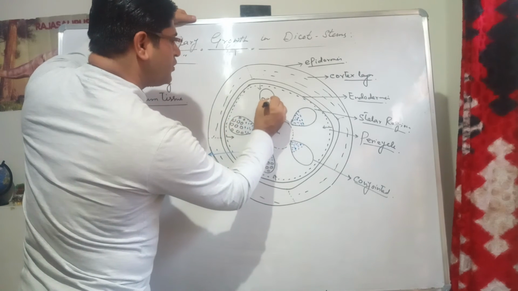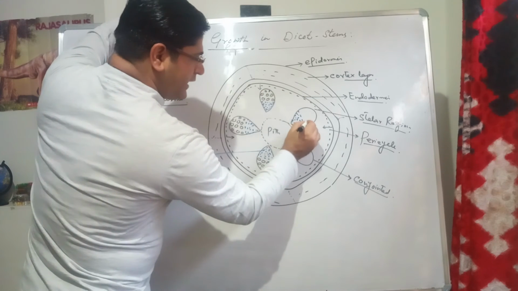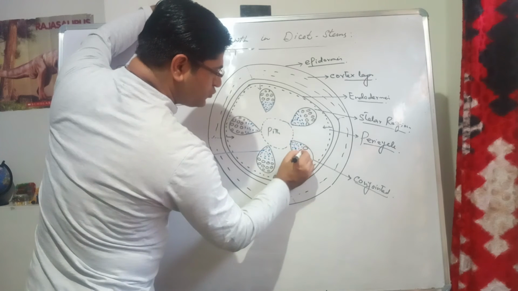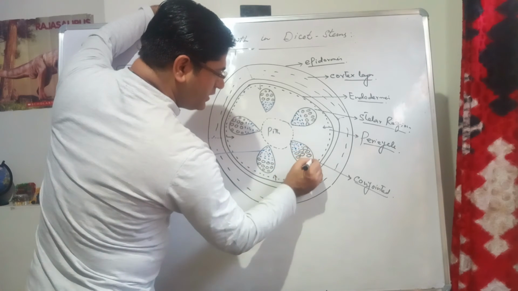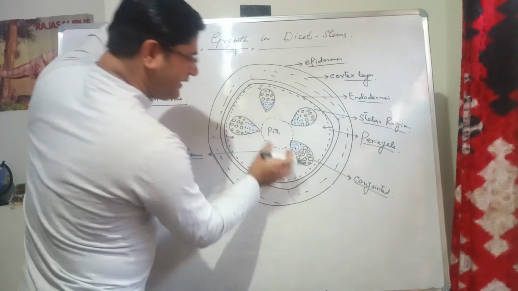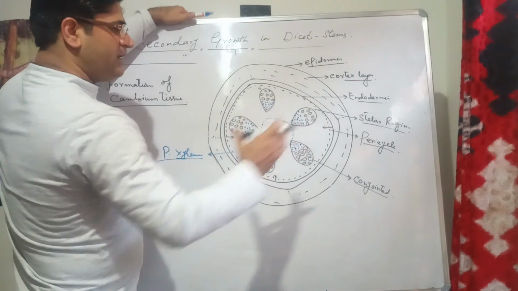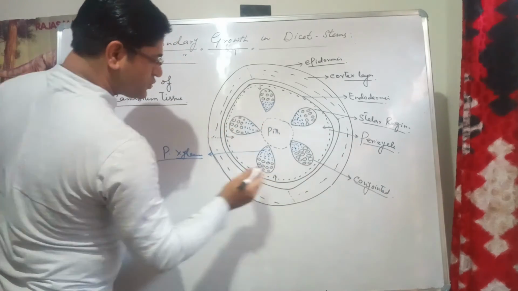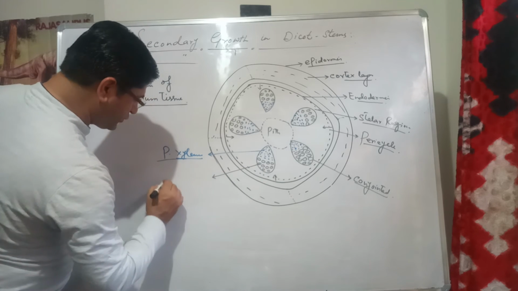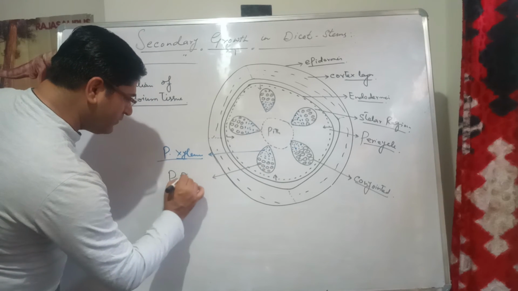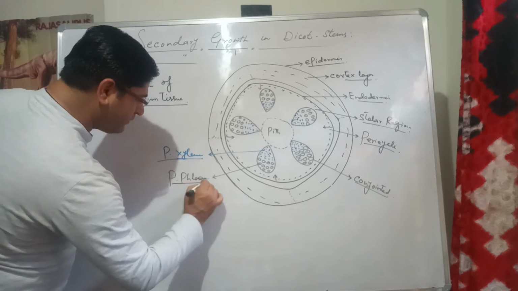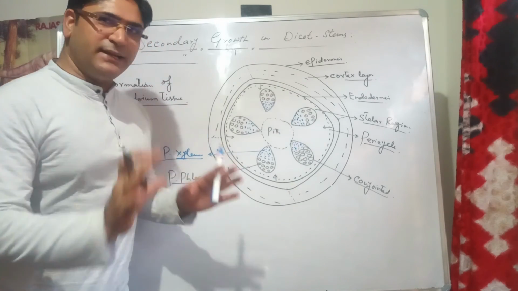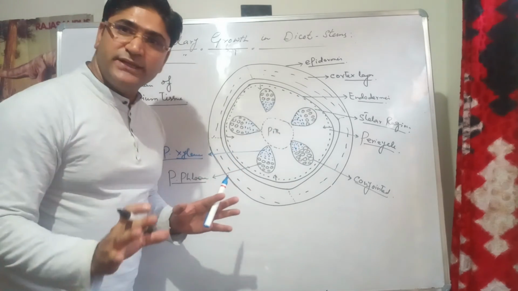In each bundle, the arrangement of xylem is endarch. As you have gone through, what is the endarch system? Protoxylem lies towards the center, metaxylem lies towards the periphery. So xylem is always inside within the vascular bundle and phloem is towards the periphery. This is the phloem tissue. Again, this is primary phloem.